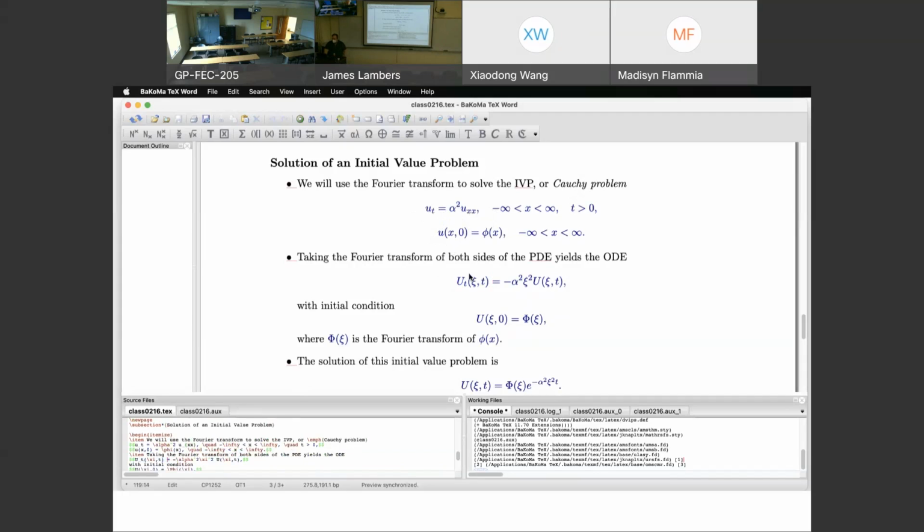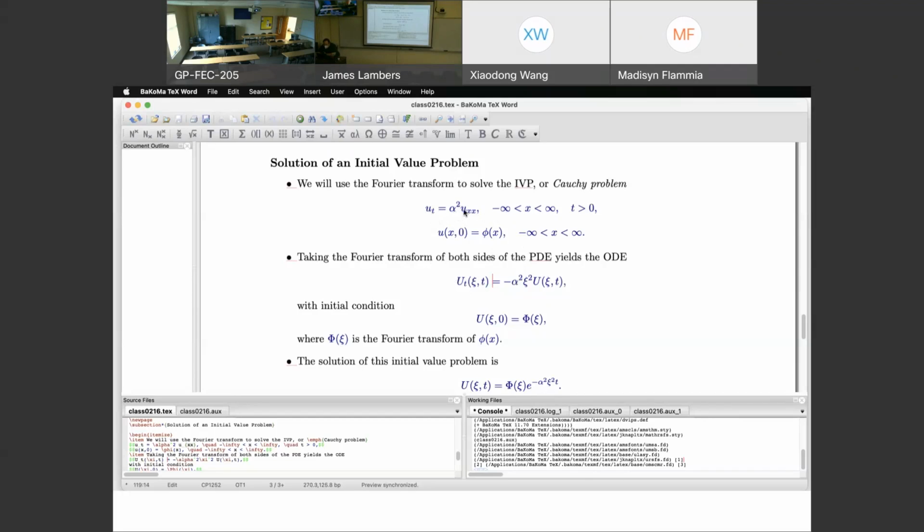So we let capital U be the Fourier transform of little u, and differentiation with respect to t just passes through. On the other side, alpha squared is a constant, so it'll just stick around.